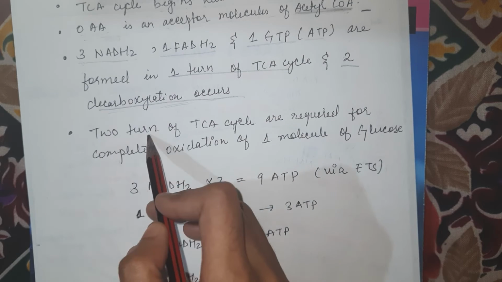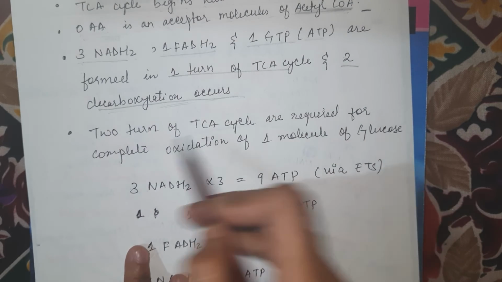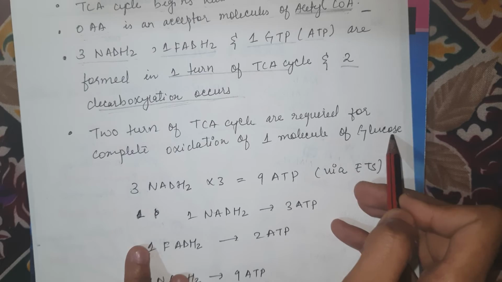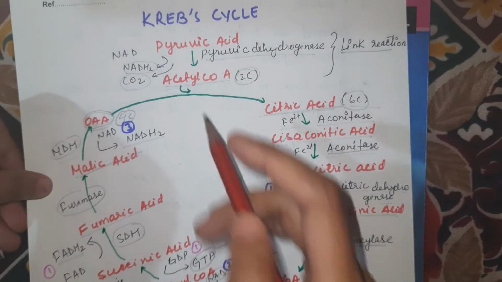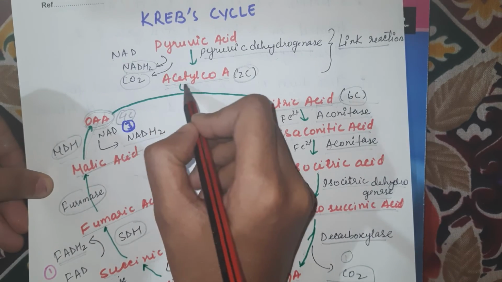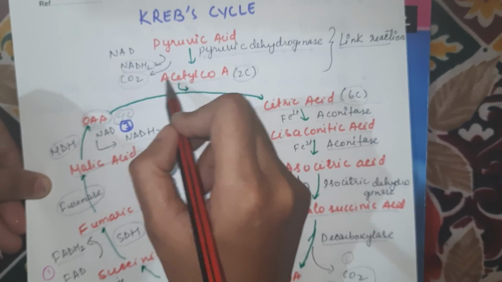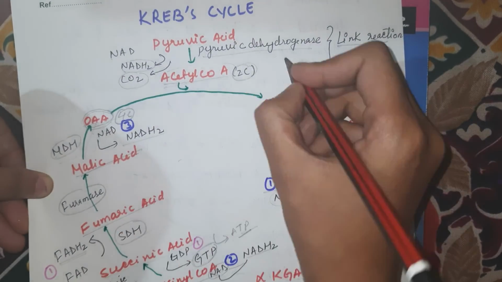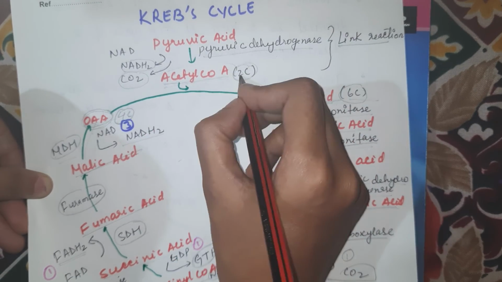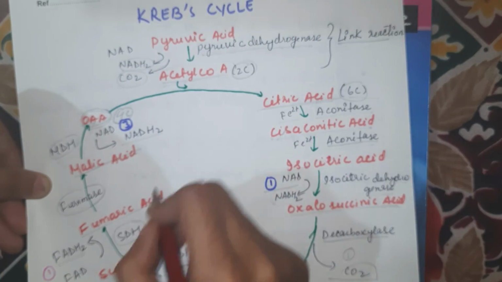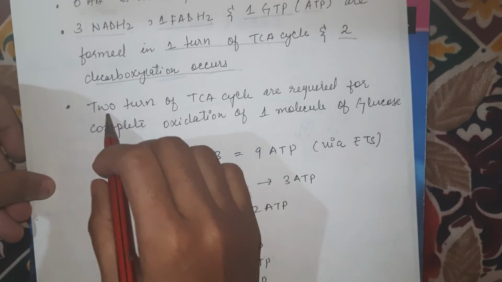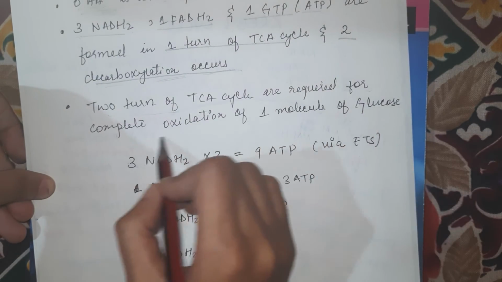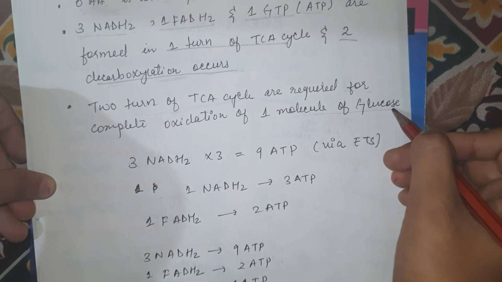Now 2 turns of the TCA cycle are required for complete oxidation of 1 molecule of glucose. See here, 1 acetyl-CoA is used for 1 cycle. So for glucose there will be 2 acetyl-CoA, so the cycle will be 2 cycles, or 2 turns of the TCA cycle are required for complete oxidation of 1 molecule of glucose.